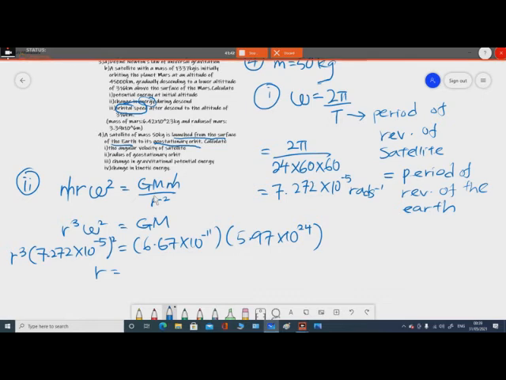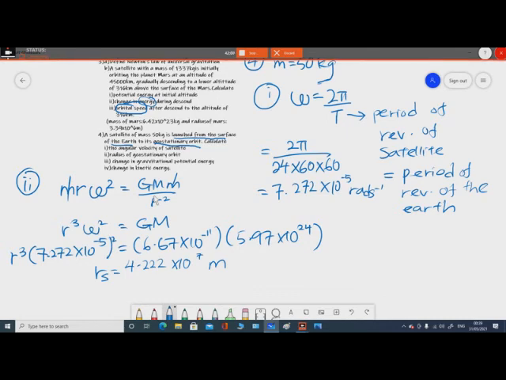So the final answer we get is 4.222 times 10 to the power of 7 meters. So this is the geostationary orbit for our satellites.